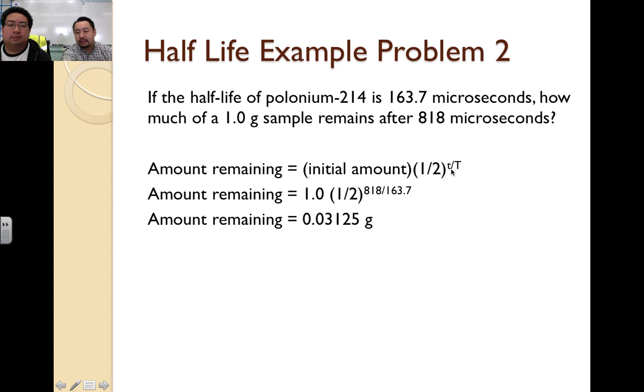Then we have our half, to the power of little t over big T. Little t is the amount of time that has elapsed, so that's 818. The half-life is our big T, so that's 163.7. Then you find the fraction of that, take 1/2 to that power times 1, and you get 0.03125 grams remaining after that amount of time.